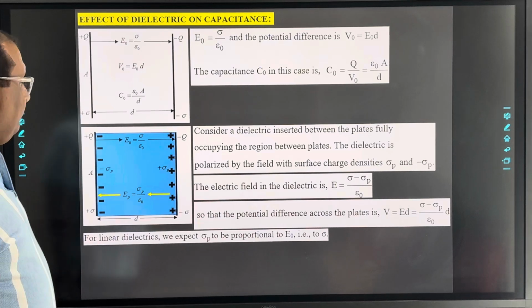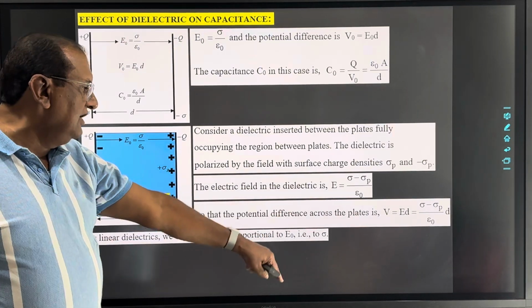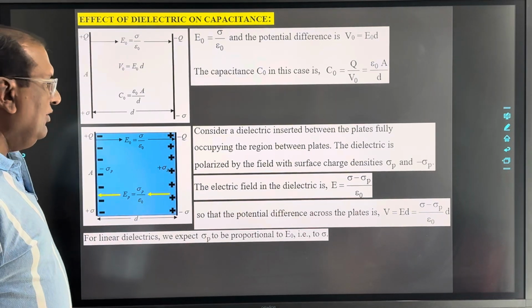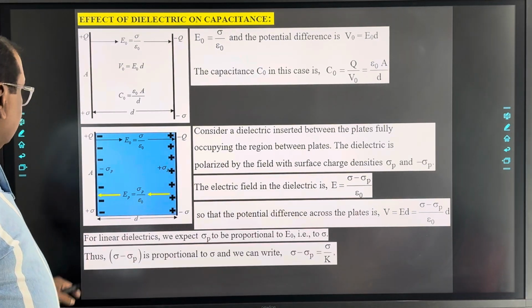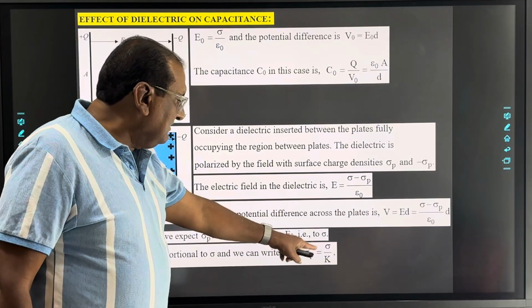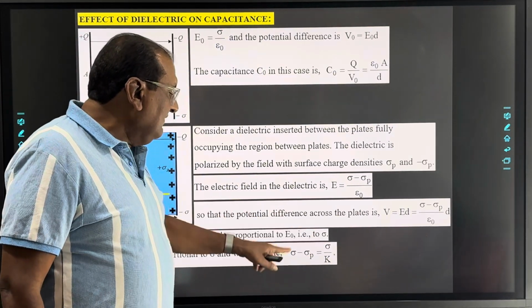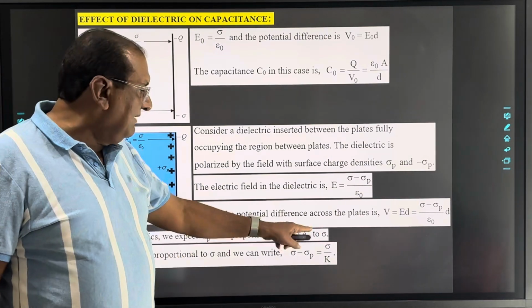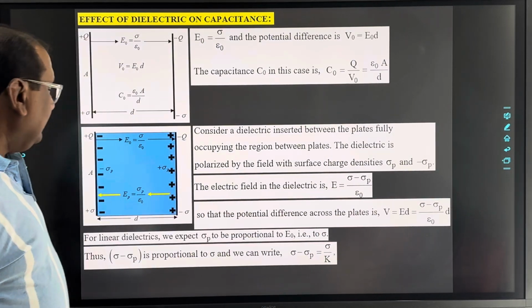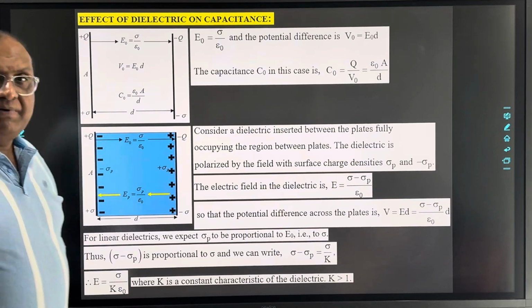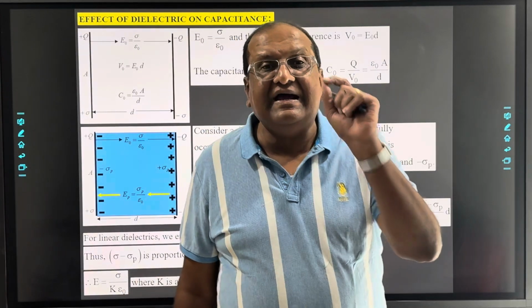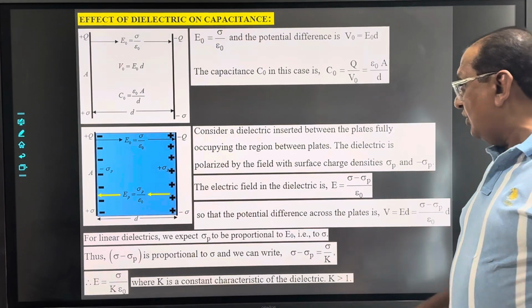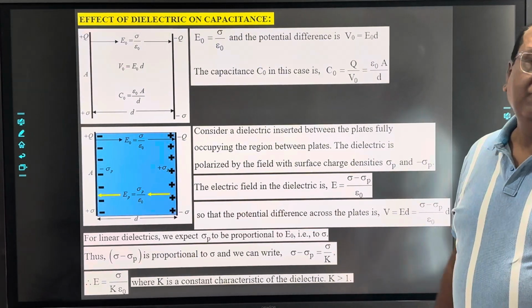Now if sigma p is proportional to sigma, then sigma minus sigma p is also proportional to sigma. So we can write sigma minus sigma p equal to sigma by k, where k is the proportionality constant, the characteristic of the dielectric substance, and its value is always greater than 1.